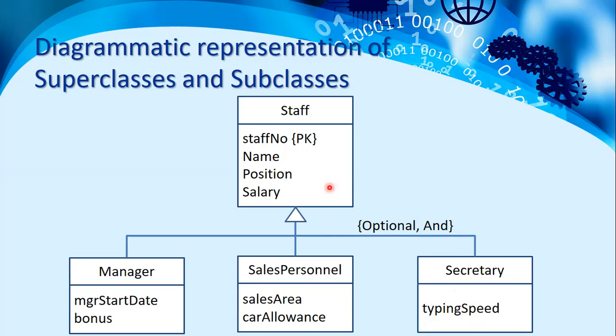Again, you might get confused when analyzing the manager: its attributes are not only manager start date and bonus. It's because we have this symbol here, this arrow, which points to an entity, which means that this manager is a subclass of this staff superclass.